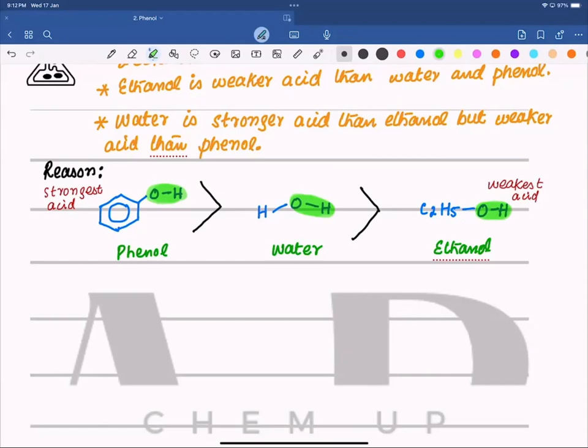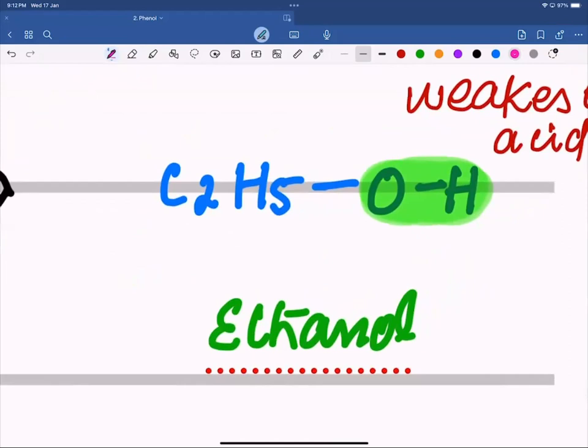Okay, so the thing is that we have studied in AS, if you recall, the nature of the alkyl group. Basically, an alkyl group is electron donating in nature. Oxygen has an electron withdrawing nature, so it tries to withdraw the electron, and as the alkyl group is electron donating, it pushes its electron towards this oxygen.